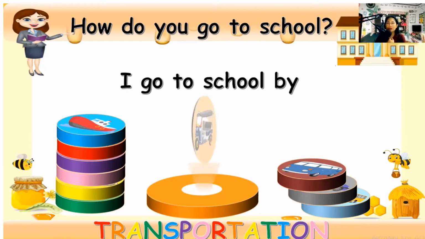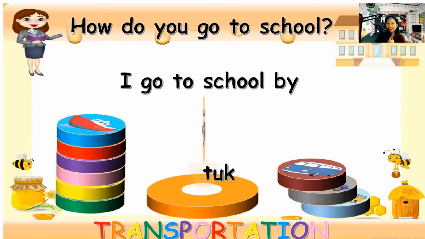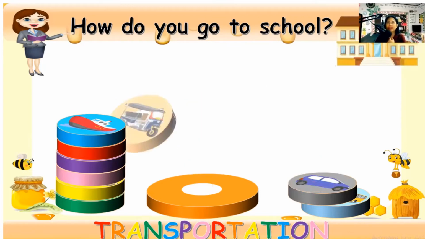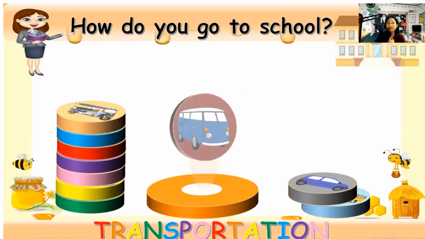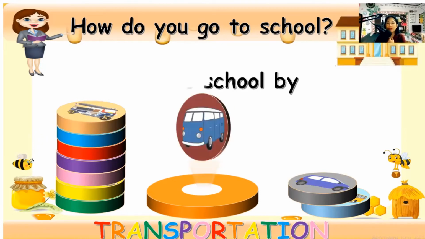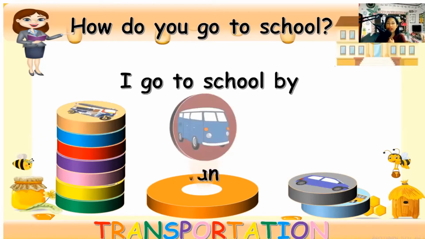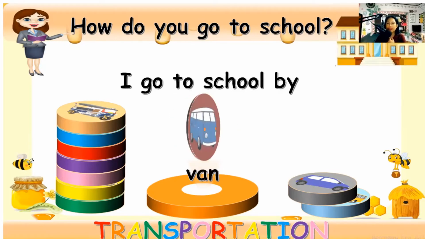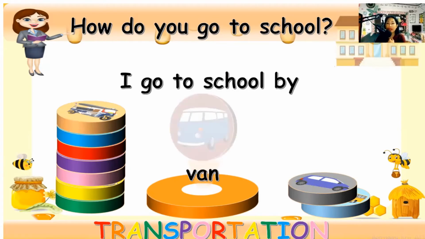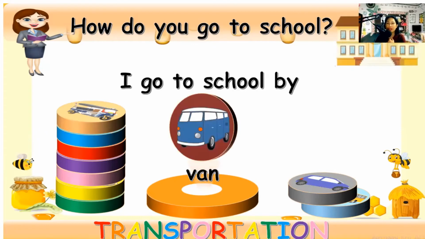I go to school by tuk-tuk. Tuk-tuk. How do you go to school? I go to school by van. Yeah, this one is very common also here in Thailand. They converted the school bus into van. Instead of bus, they are using now the van going to school.